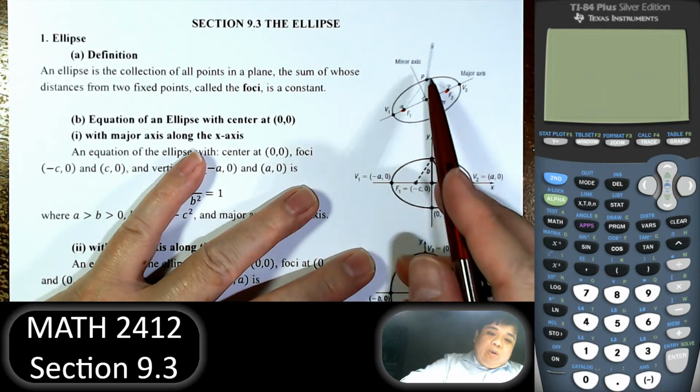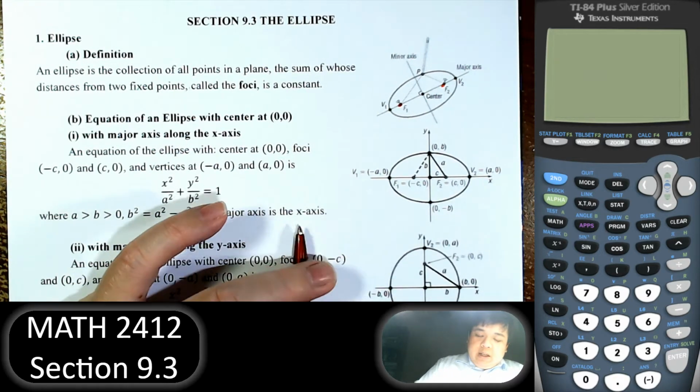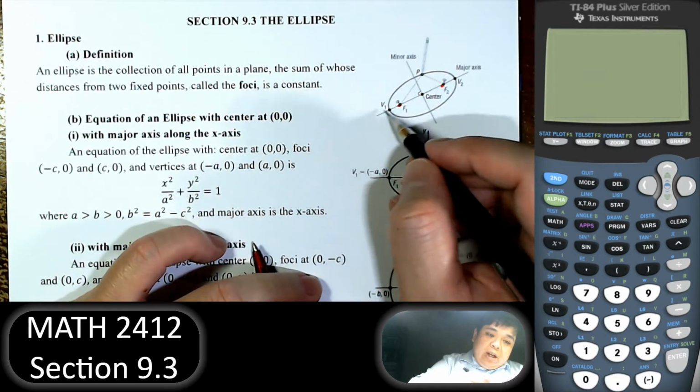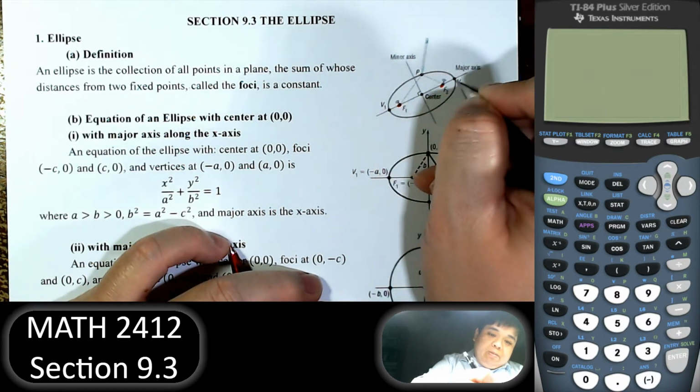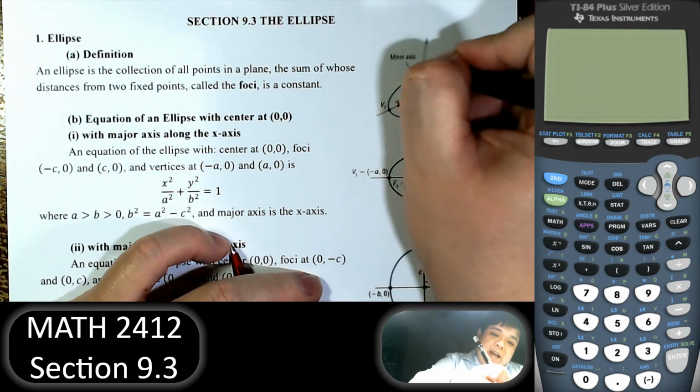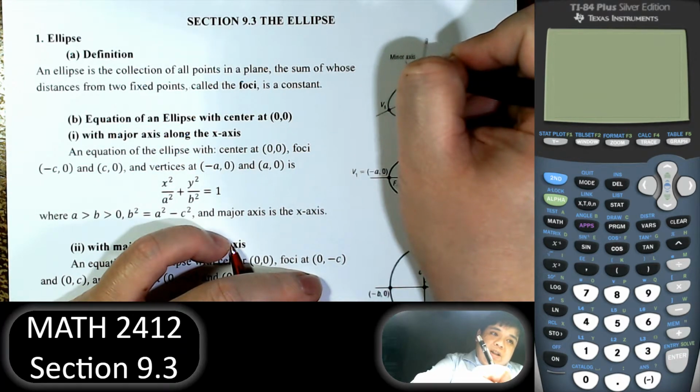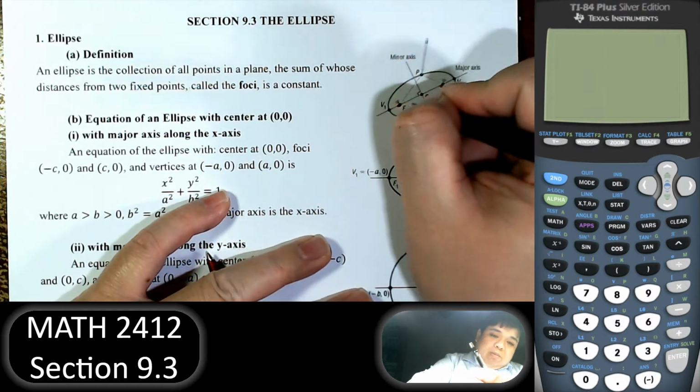If we want to draw an ellipse, we have two fixed points, the foci, and a loop of string around them, and we put a pencil in and push the string.